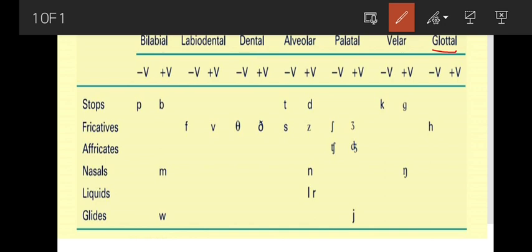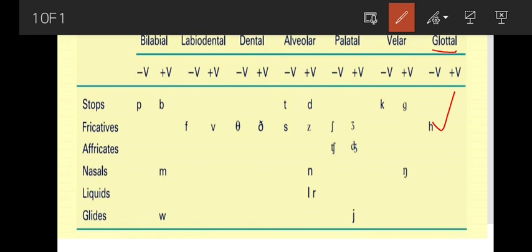When these vocal folds are not vibrating while pronouncing the word, this is a glottal sound. It is in words like house, home, whose, and have.